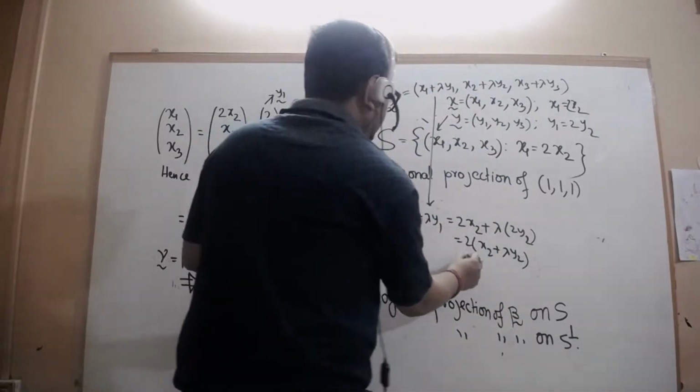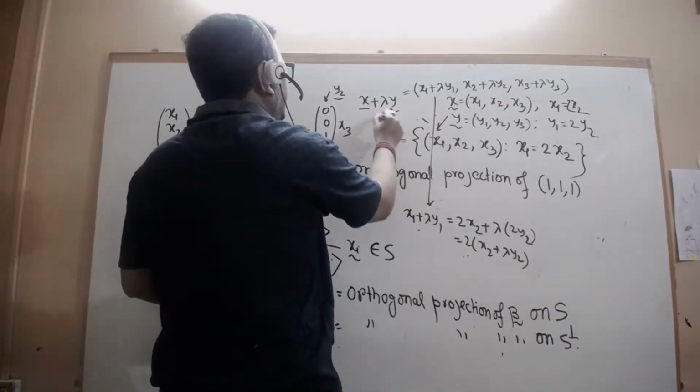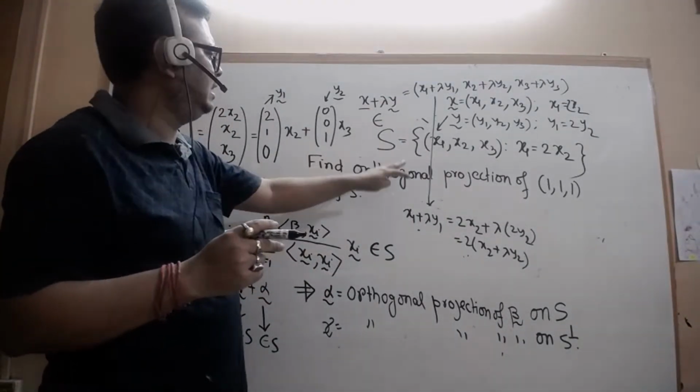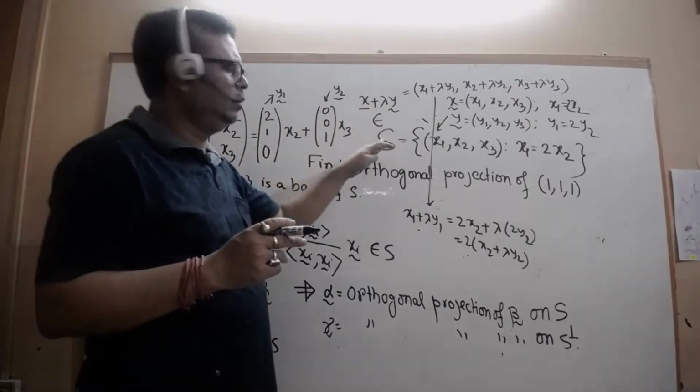Since this is satisfied, this means x plus lambda y curve belongs to S. Hence, it is a subspace of V. Agree?